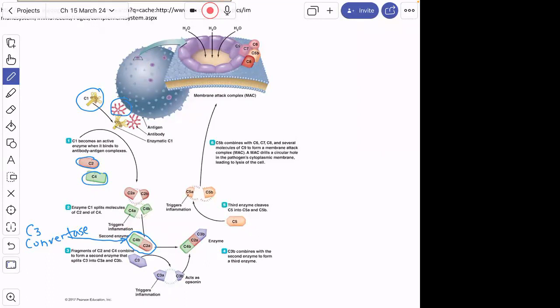When C3 splits, it splits into C3A and C3B. Okay, those two bits are important. They have a specific function. Okay, so I'm going to write that again up here. C3a acts to trigger inflammation.